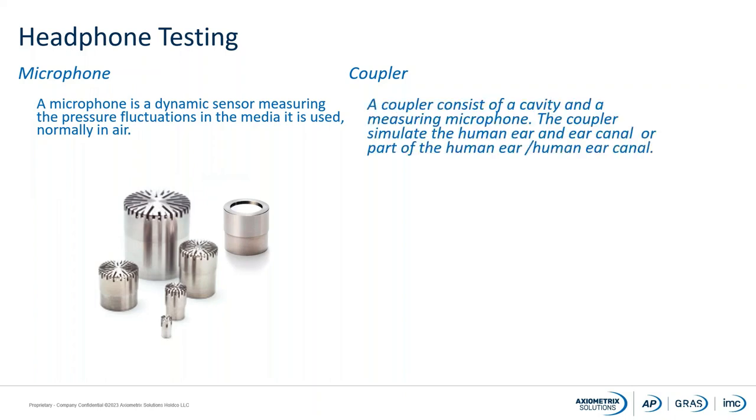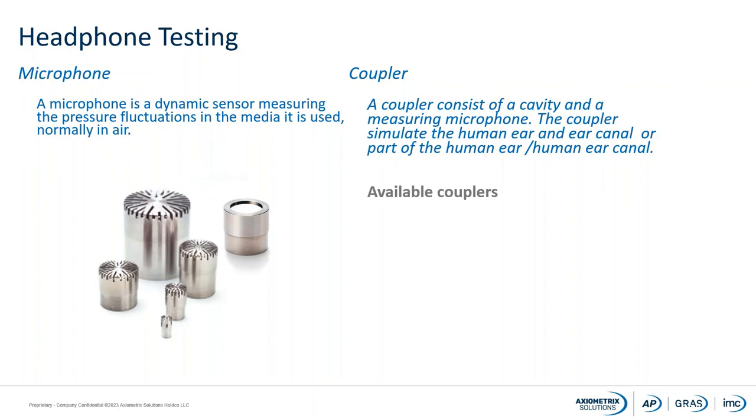A coupler consists of a cavity or a volume and also of a measurement microphone. The coupler simulates the human ear and the ear canal of a human, or a part of the human ear, or a part of the human ear canal.